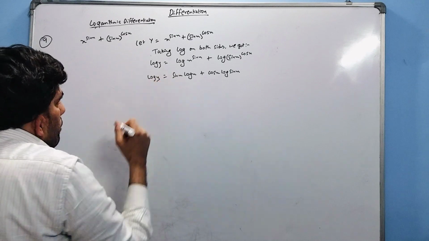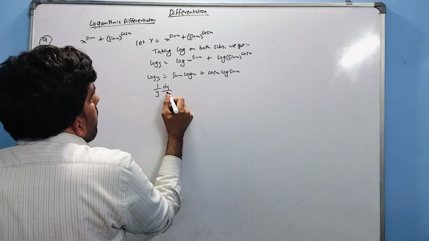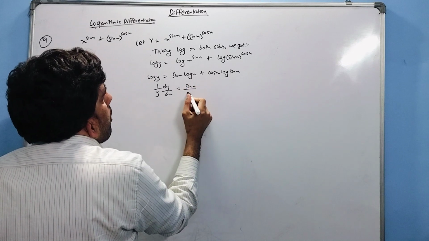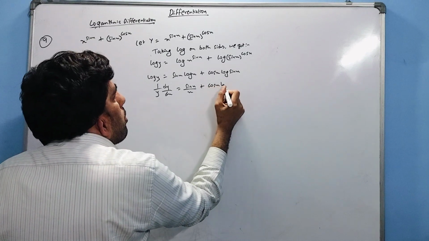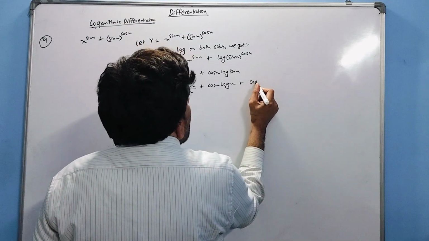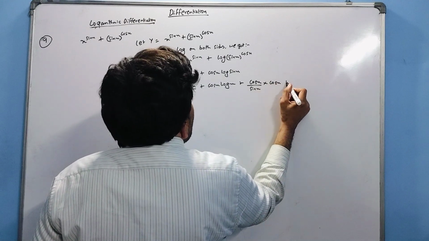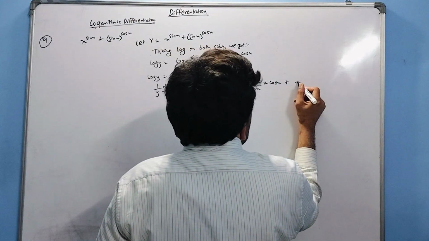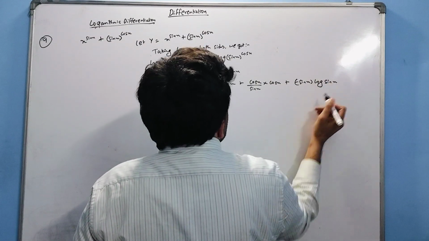Now differentiate it: 1 upon y dy upon dx. We have the product rule here: sin x into differentiation of log x, which is 1 upon x, plus log x into differentiation of sin x, which is cos x. Similarly here, cos x into differentiation of log of sin x, which is cos x upon sin x, into differentiation of sin x, which is cos x, plus leave this, cos x, minus sin x into log of sin x.